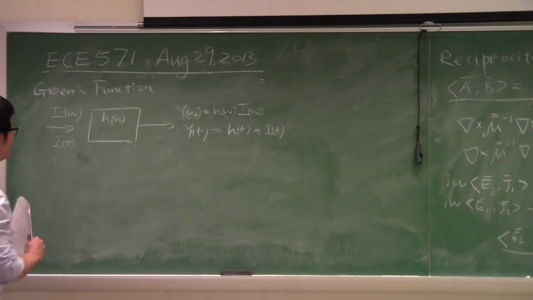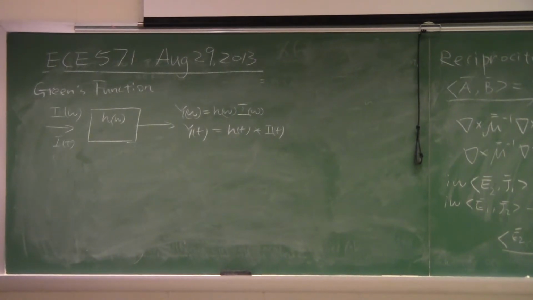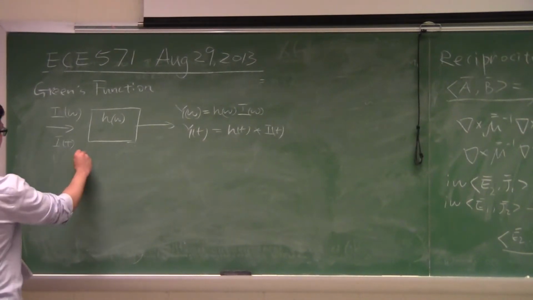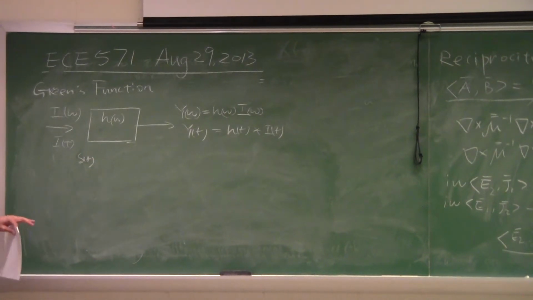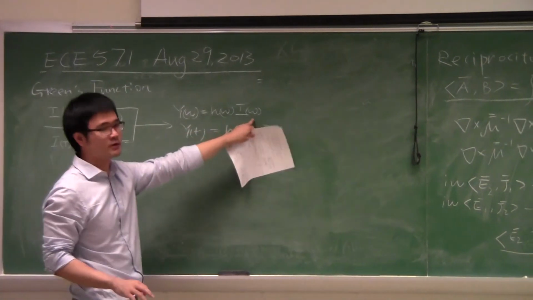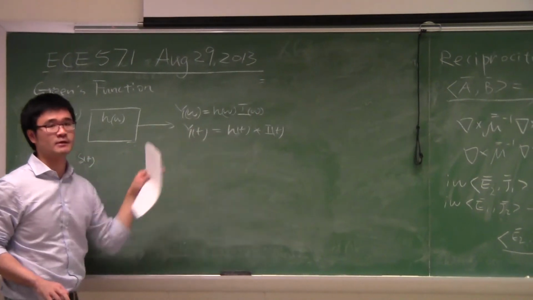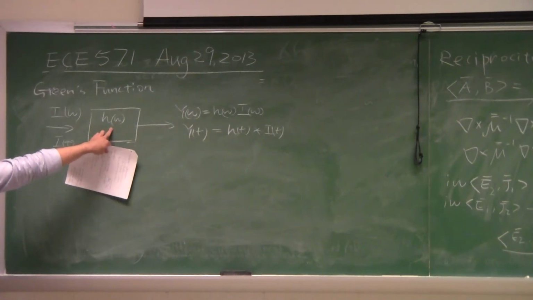Right. We send an impulse here, and then the output will just become the system function. And why is that? Because if we send a delta input here, what's the Fourier transform of a delta function? It's a flat line, right? And this will be 1. The output will be exactly my system function. So that's why this H is also called the impulse response.